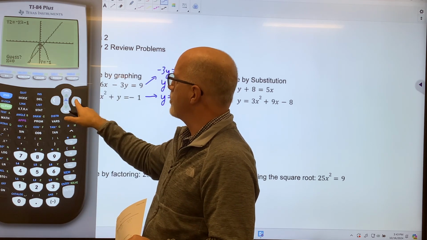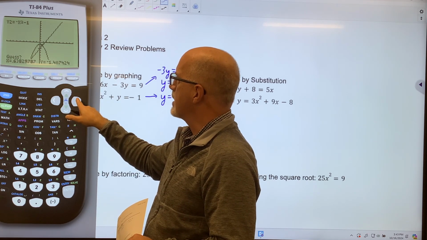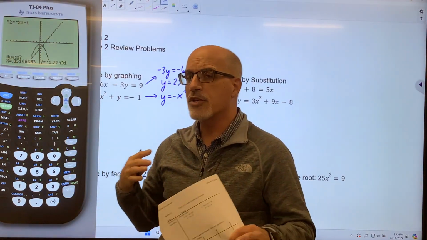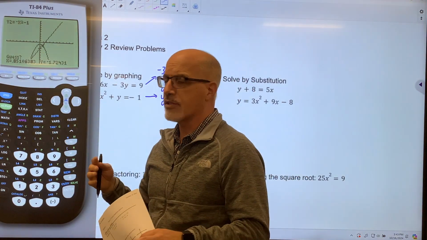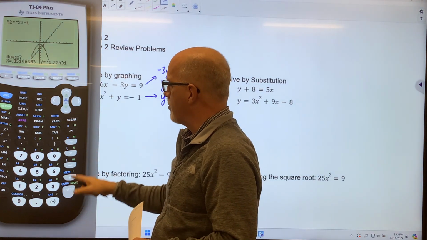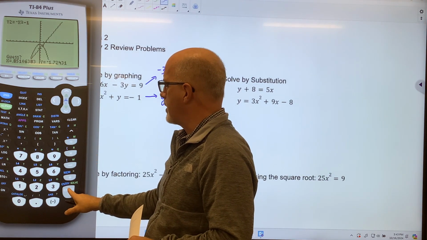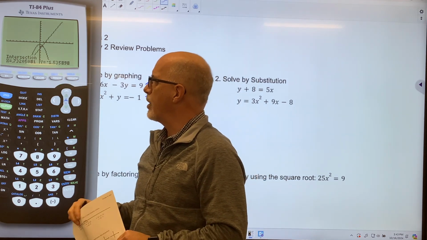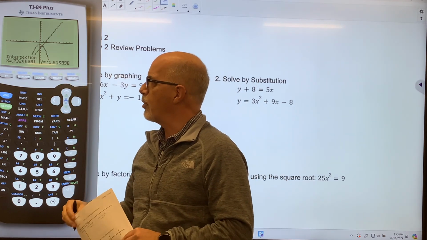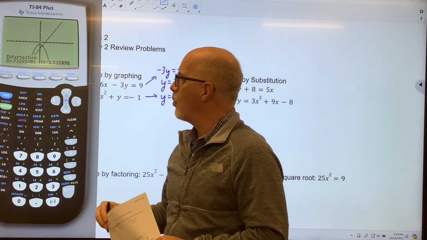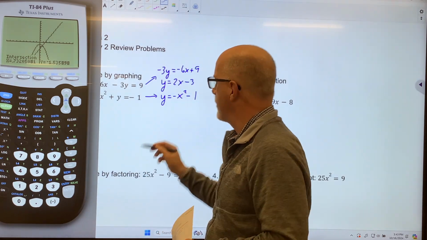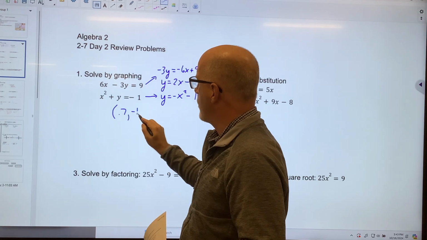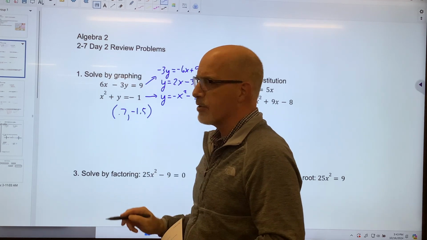Then you've got to use your right and left arrows to get the graph close to where they intersect, because it wants to know which intersection point you're looking for. It might only be one of them, but it always wants you to guess about where it's at so it can do its calculations, and it gets the intersection point as, rounding to one decimal point, 0.7, negative 1.5. So 0.7 and negative 1.5 is my first intersection point.